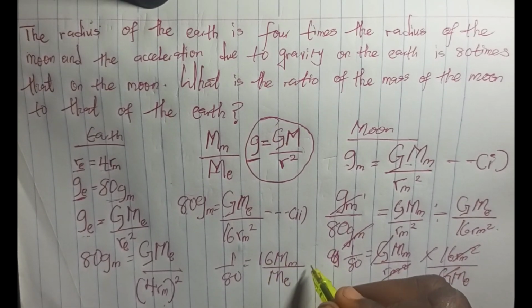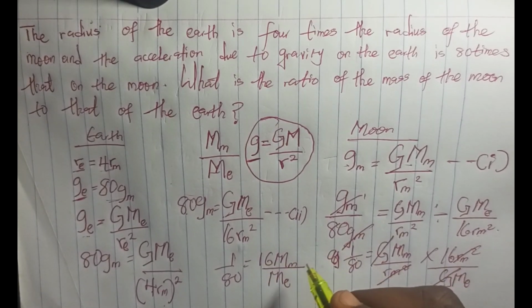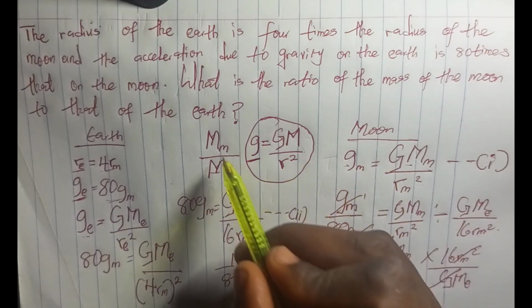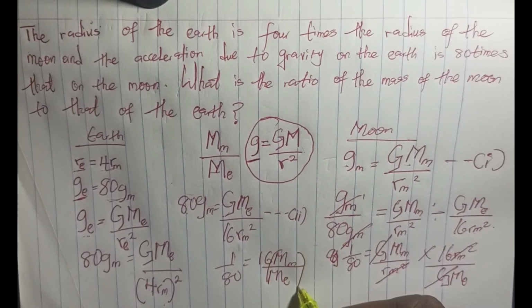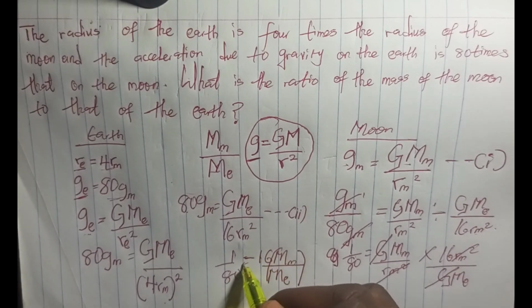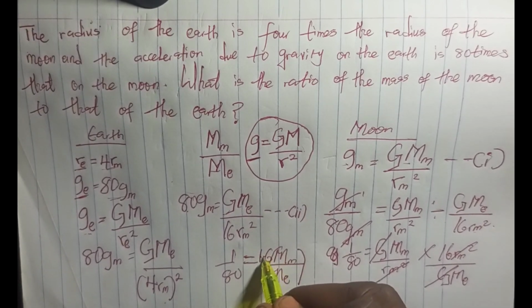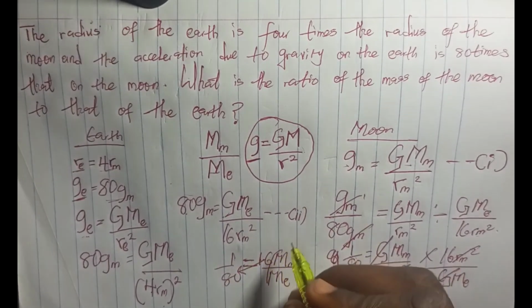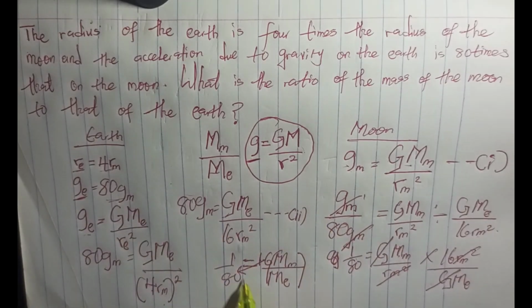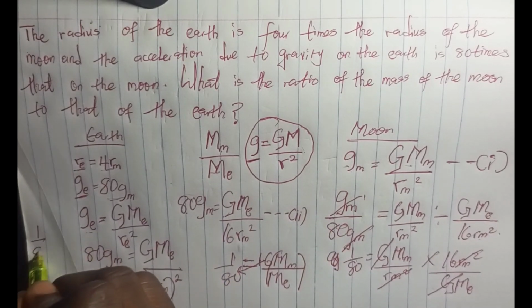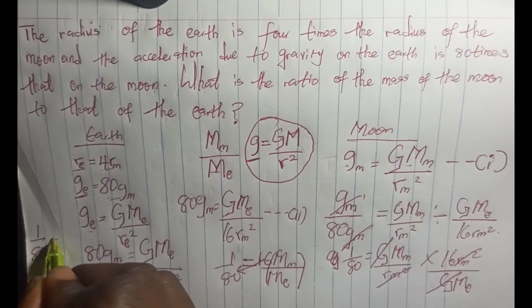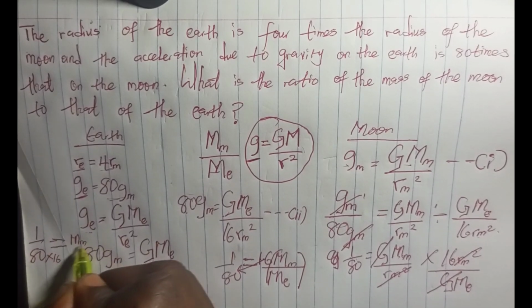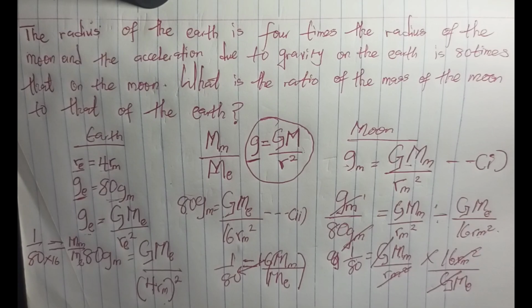You understand? Now let's ask ourselves, what did these people even ask us to find? They asked us to find the mass of the Moon over the mass of the Earth, and I'm seeing the mass of the Moon over the mass of the Earth. So when I cross multiply, only this 16 should go down. I'll be having 1 over 80 times 16 equals the mass of the Moon all over the mass of the Earth. Is that correct?